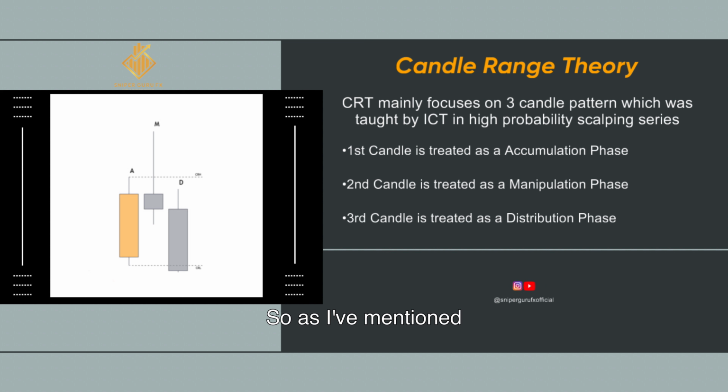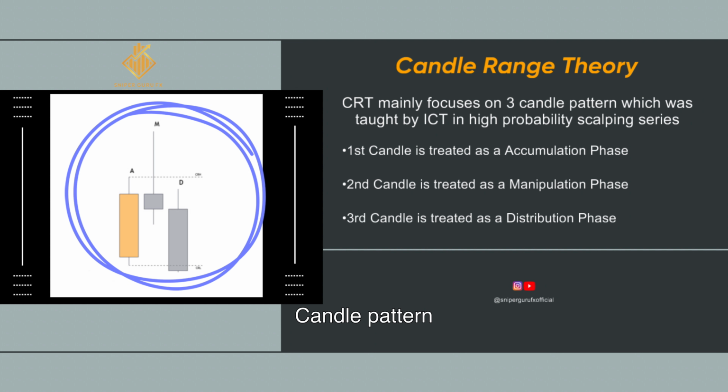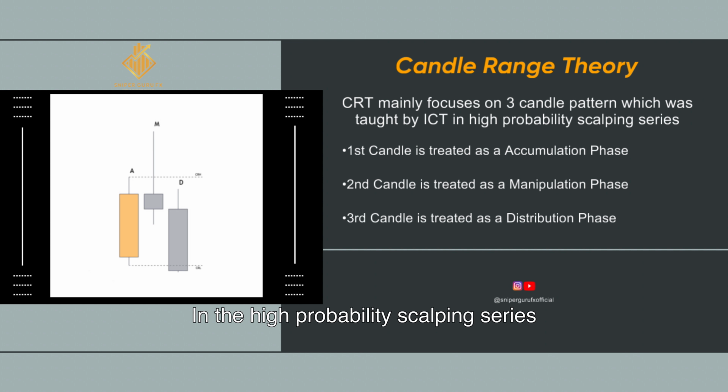As I've mentioned, our first candle has to be an accumulation phase. The CRT mainly focuses on a 3 candle pattern, which was taught by ICT in the high probability scalping series, if you remember one of those videos that he made available to the public.